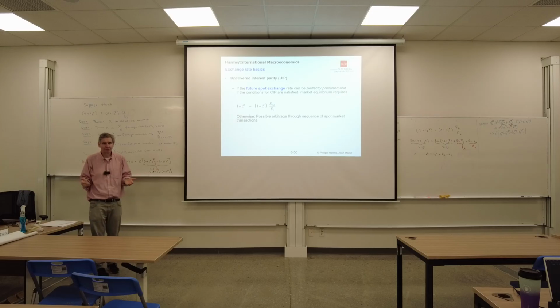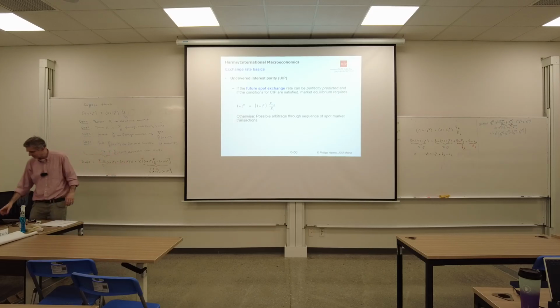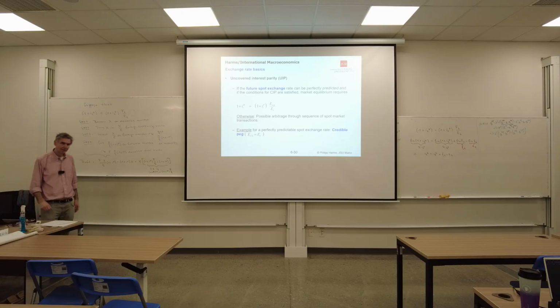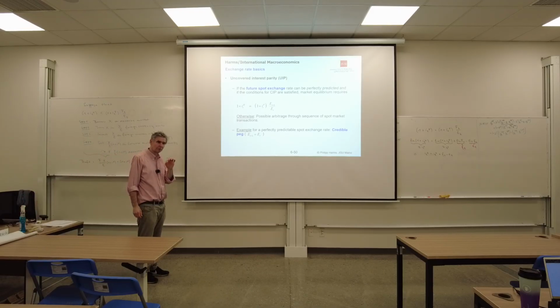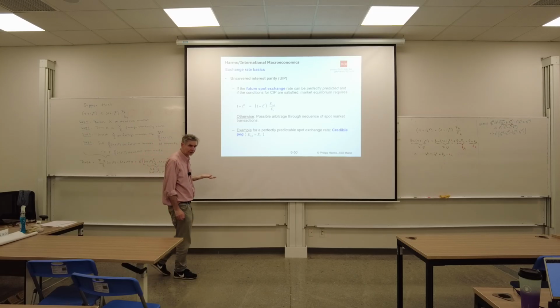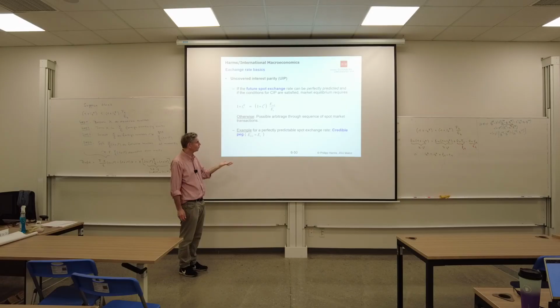Now this sounds super silly, right? And so let me just give this more substance. I mean, we do have situations where we can perfectly predict the spot exchange rate, namely when we have a credible peg. So a fixed exchange rate that's expected to prevail in the future.